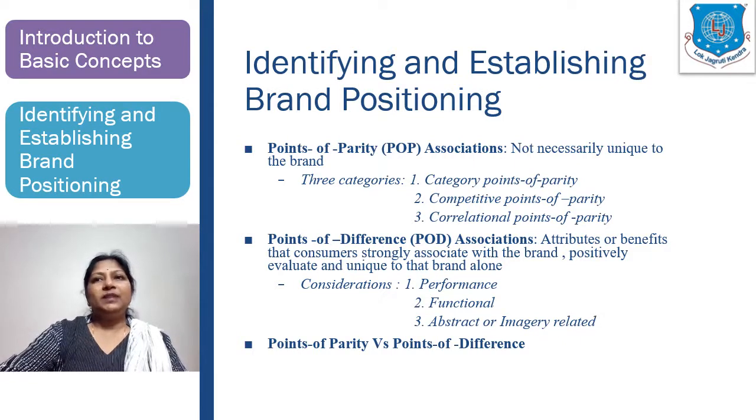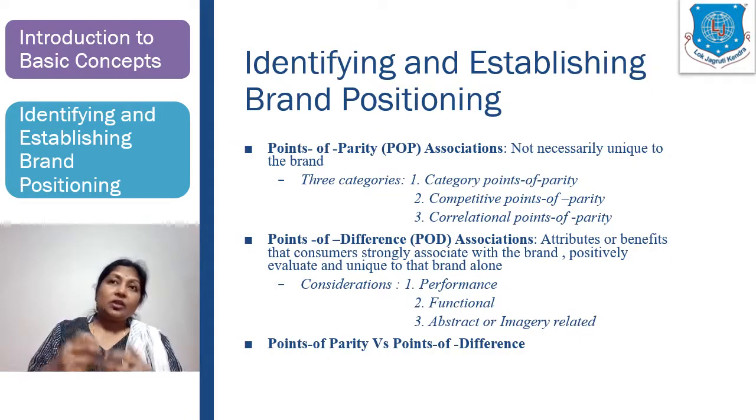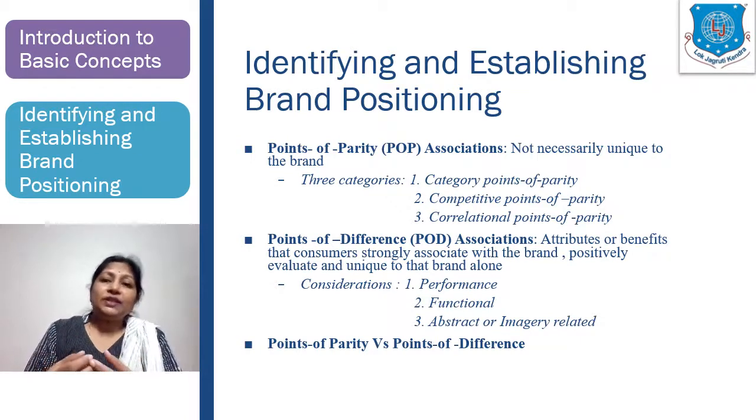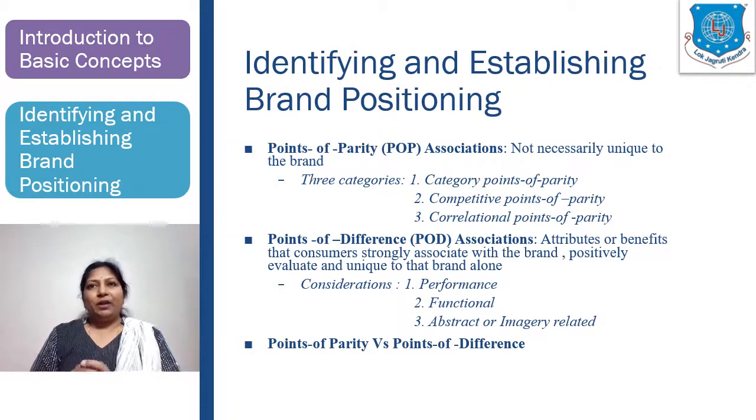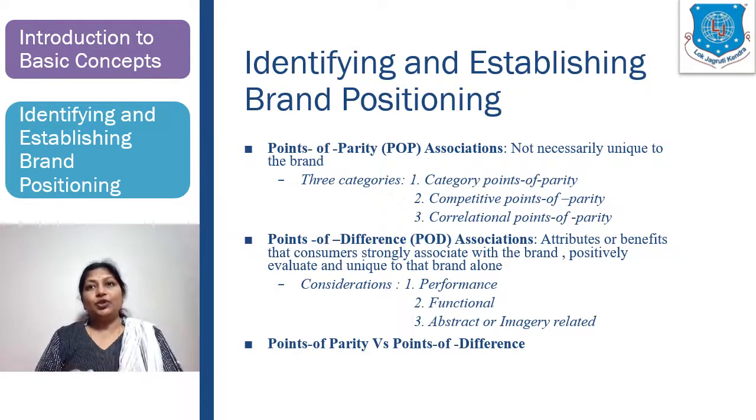Now, the first, category points of parity, these represent the necessary but still not necessarily sufficient conditions for choosing that brand. For example, a customer might not consider a bank as a bank unless it has a multiple range of checking and saving plans.